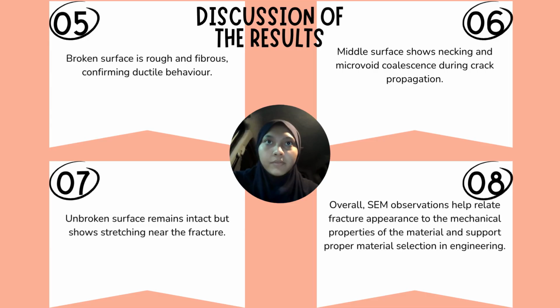The rough and fibrous fracture surface further confirms that the material absorbed a high amount of energy before failure. The middle section of the fracture surface shows the crack propagation process, while the unbroken surface still exhibits signs of stretching. Overall, the SEM results demonstrate that fracture surface observations can be used to identify the type of material failure and relate it to mechanical properties such as ductility, toughness, and energy absorption capacity.